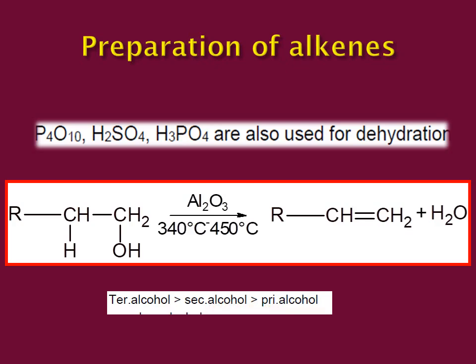In secondary alcohol, the carbon to which the OH group is attached will be connected to 2 other carbon atoms. And in primary alcohol, the carbon to which the hydroxyl group is attached is further attached with 1 carbon atom or none. So this is an example of primary alcohol.